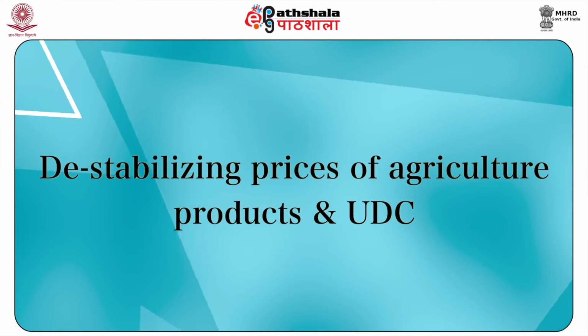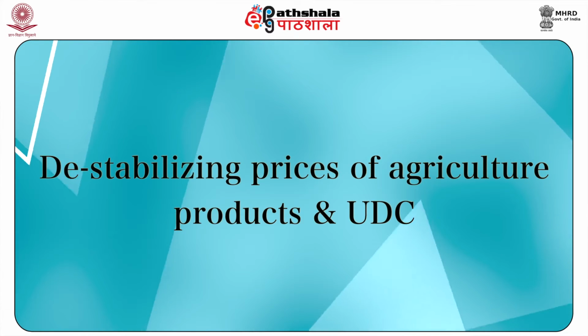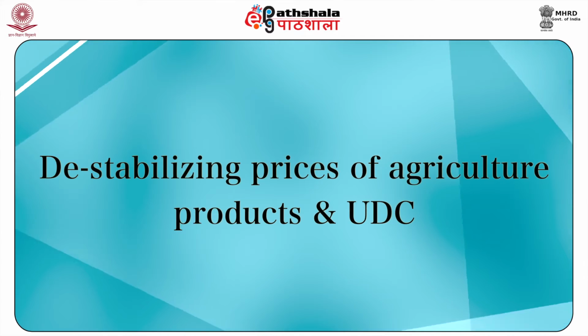Next, we shall discuss the destabilizing prices of agriculture products and UDCs. The matter of destabilizing prices of agriculture products of underdeveloped countries attracted the attention of the UN in 1952.